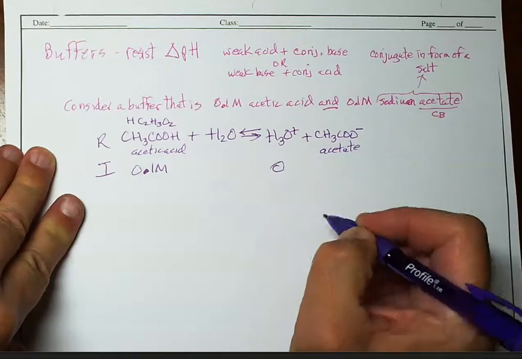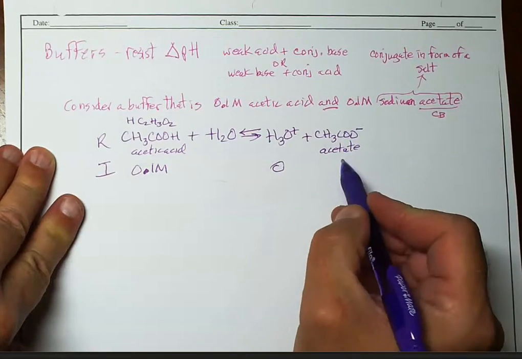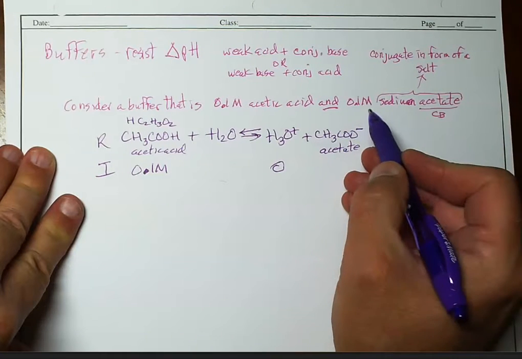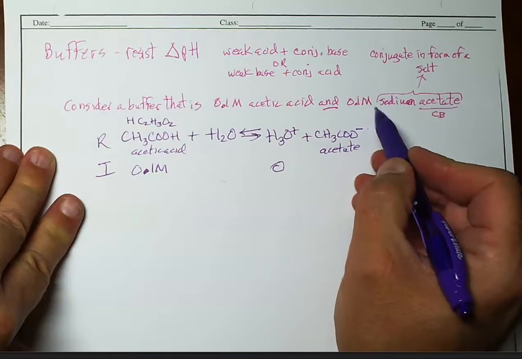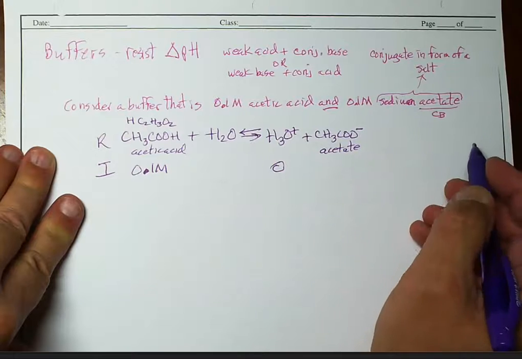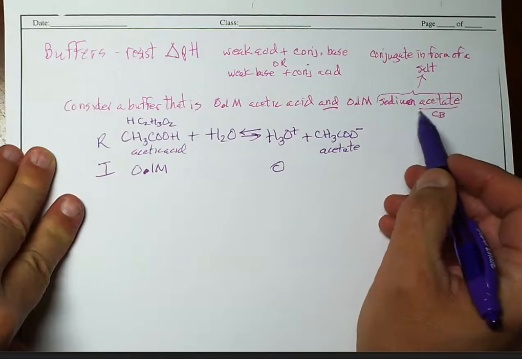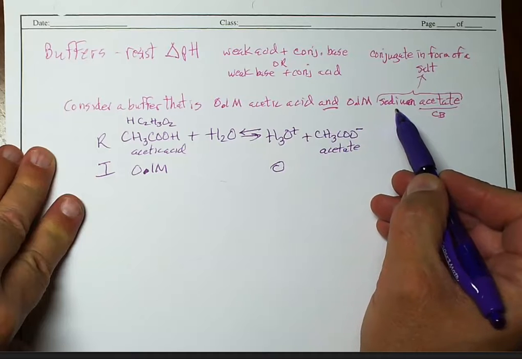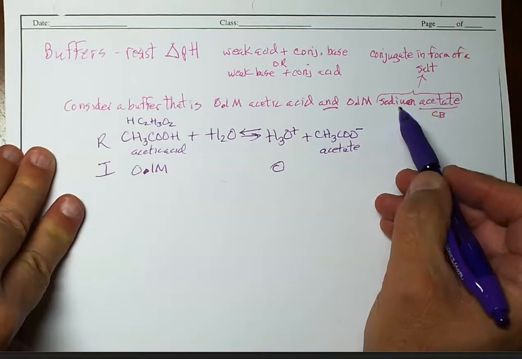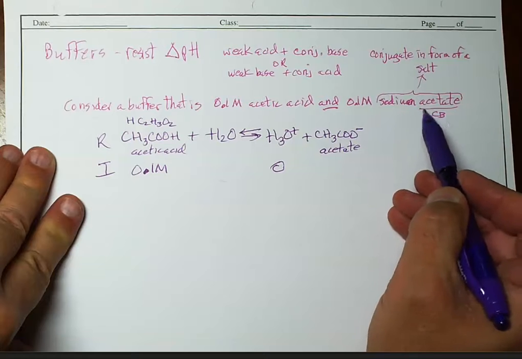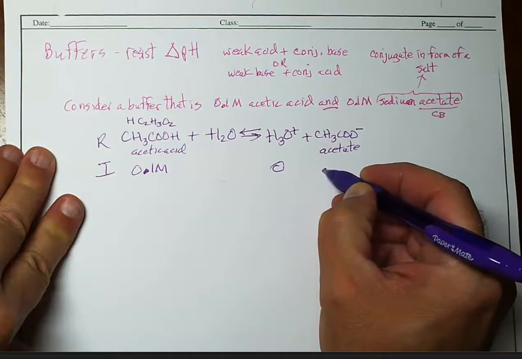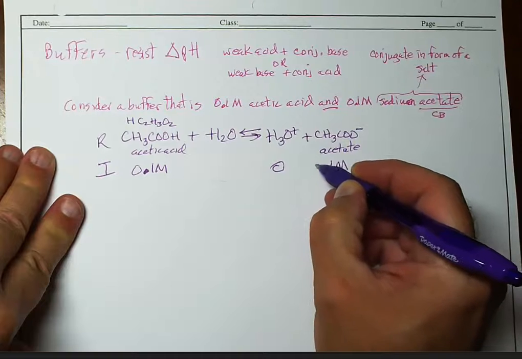Hydronium, we would assume that there is none, but we're not going to assume that there is zero acetate because this buffer has 0.1 molar sodium acetate in it. When the sodium acetate dissolves in the water and separates, you'll get 0.1 molar sodium, which doesn't really matter. That'll be a spectator ion. But what does matter is that we will get 0.1 molar acetate. So this is also 0.1 molar.